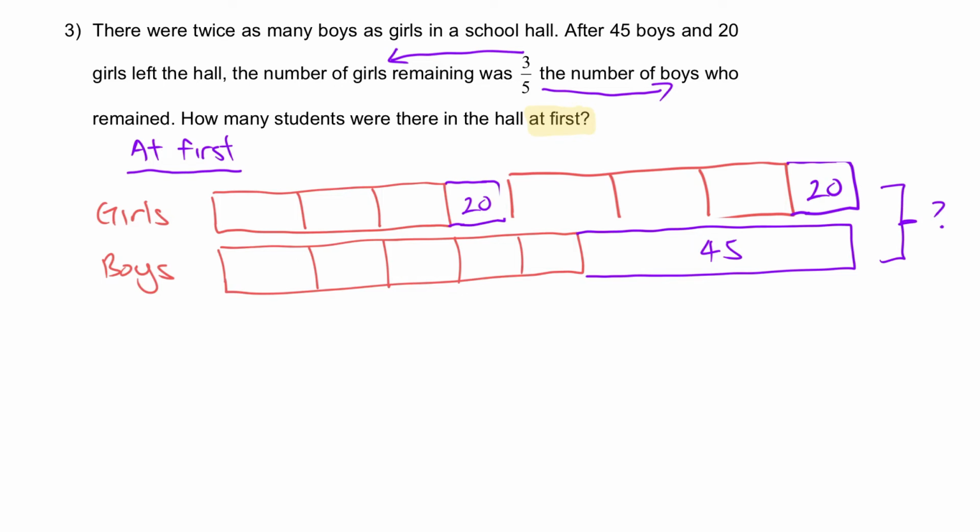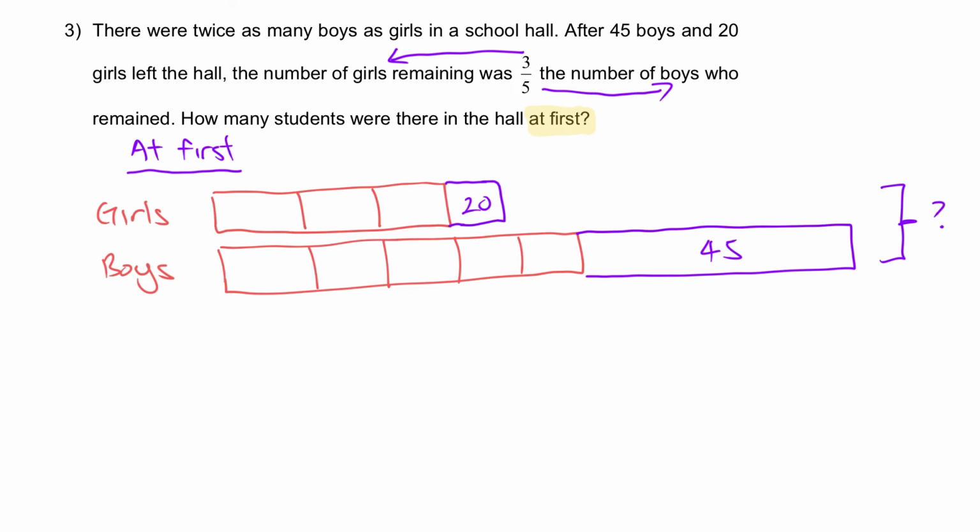So what can we say about this? It means 6 units plus 40 must be equal to 5 units plus 45. I say again, 6 units, 1, 2, 3, 4, 5, 6, plus 40 is equal to 5 units plus 45.